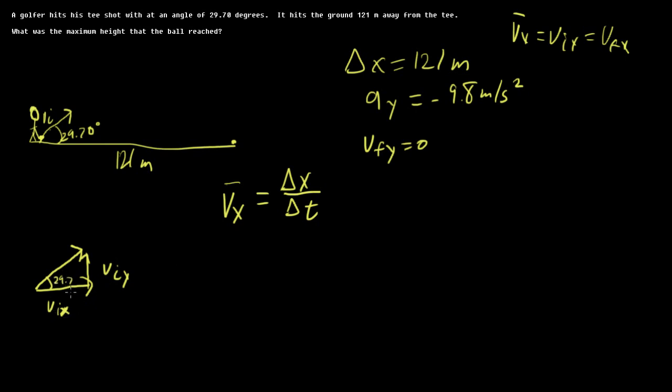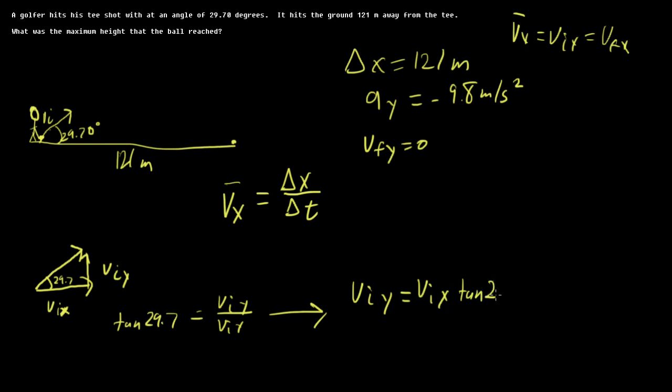This is 29.7. So tangent of 29.7 equals v_iy over v_ix, opposite over adjacent. So we can then say that v_iy equals v_ix tangent of 29.7, which we can then substitute in here.